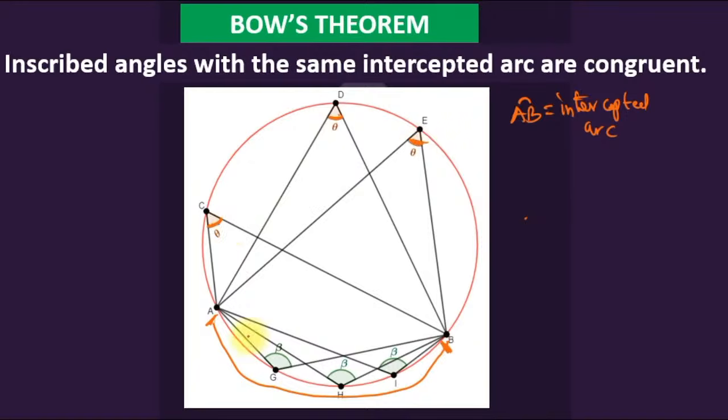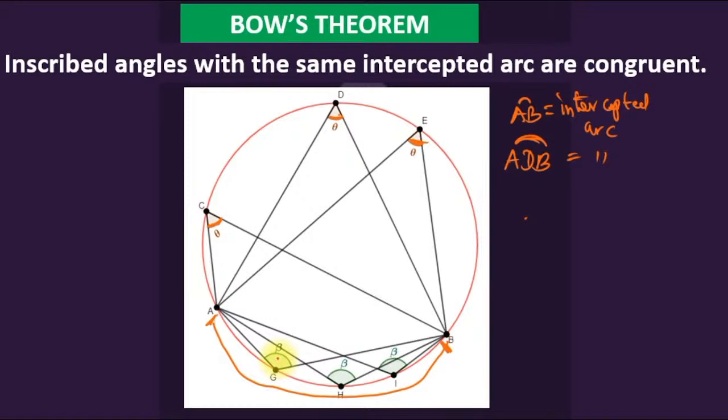So let's look at the major arc. Do you know these minor arcs? So let's look at major arc AB. That same AB, but major arc. So let me use ADB. That's major arc. This is minor arc. So that is also an intercepted arc. So you notice that inscribed angle G, this is AGB, that's beta.